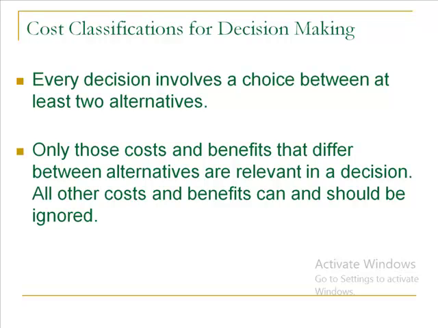Clear? What I say? The goal of making a decision is to identify those costs and benefits that are either relevant or irrelevant to the decision. Costs and benefits that differ between alternatives are relevant in a decision.